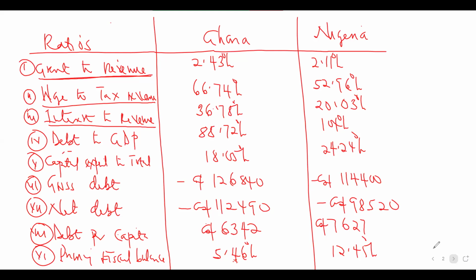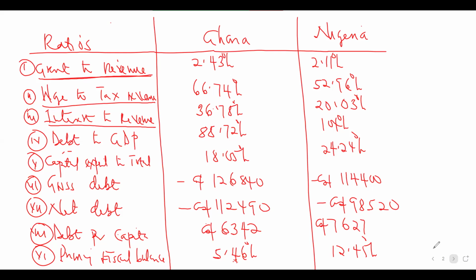In terms of grant generation or receipt of grants, 2.43% of the total revenue of Ghana is through donations or support from donor parties or outsiders. 2.11 percent is for Nigeria.